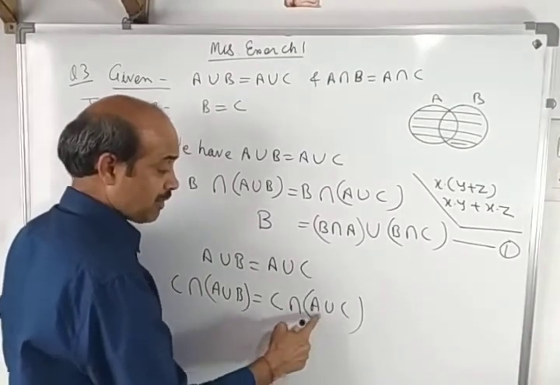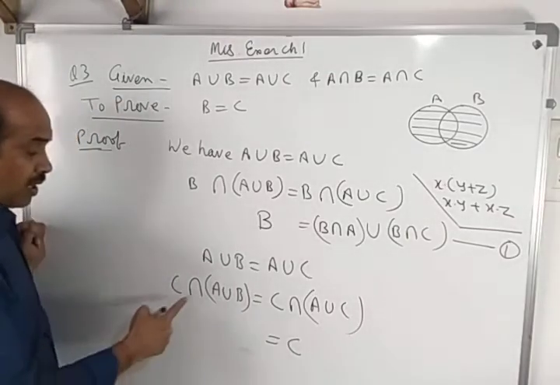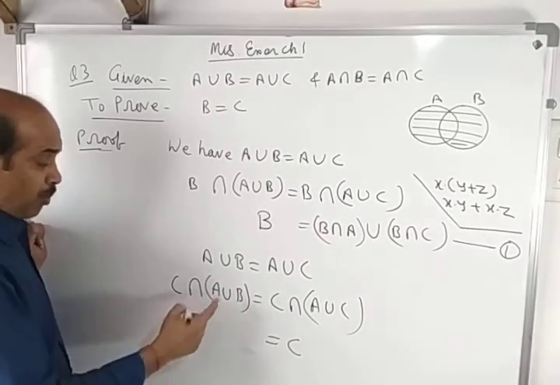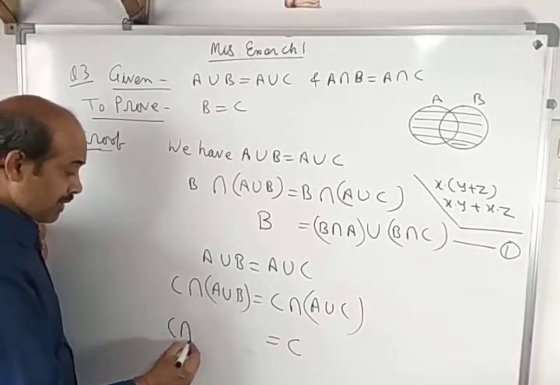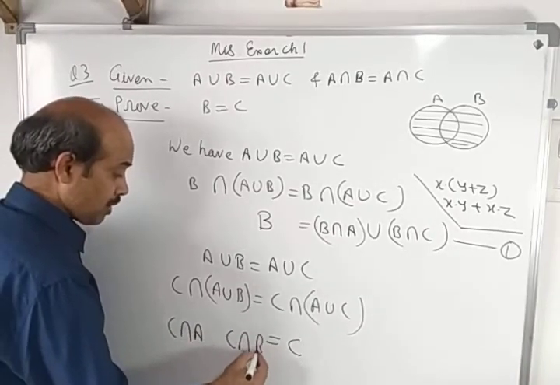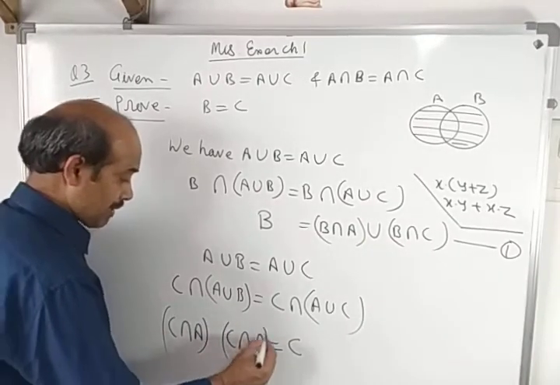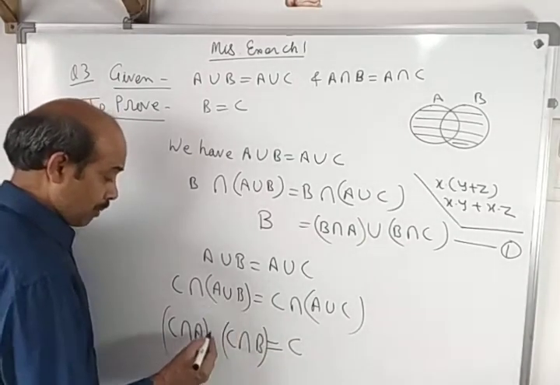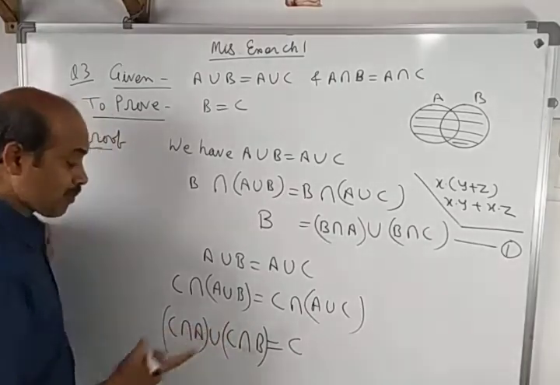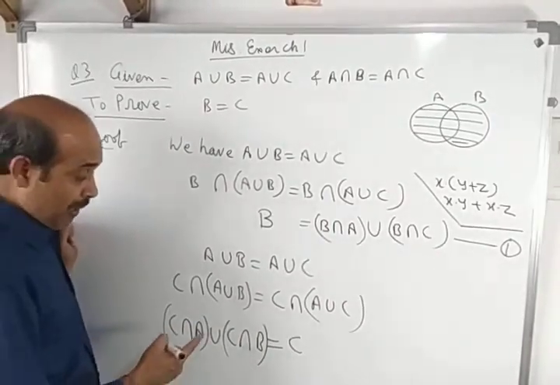A union C and intersection with C will give you C, and here we will apply the distributive property. So C intersection A, C intersection B, and the middle sign which is inside the bracket will be between the brackets. This is the distributive property.